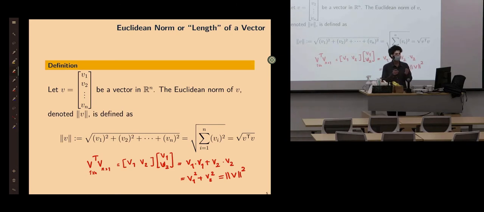Now, if each of the entries were in, let's say, meters, when you square them and then add them up, it's in squared meters. And then you take the square root, you get the same unit back if this was a physical quantity.